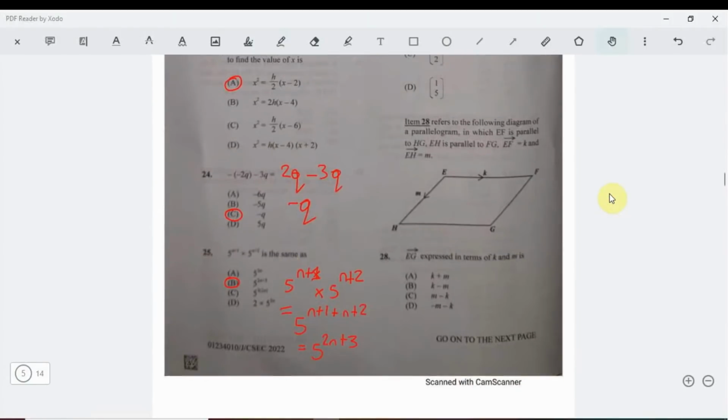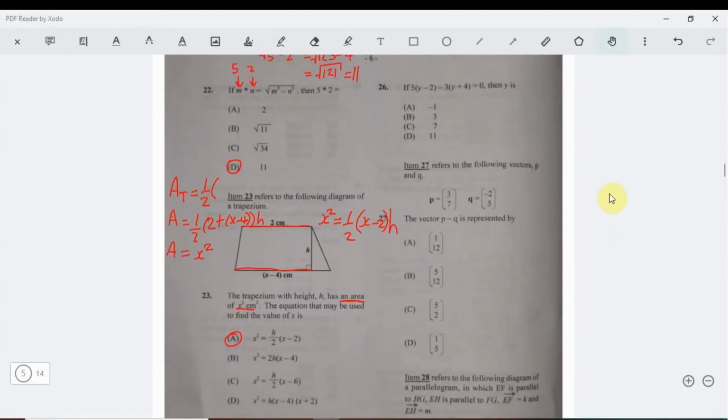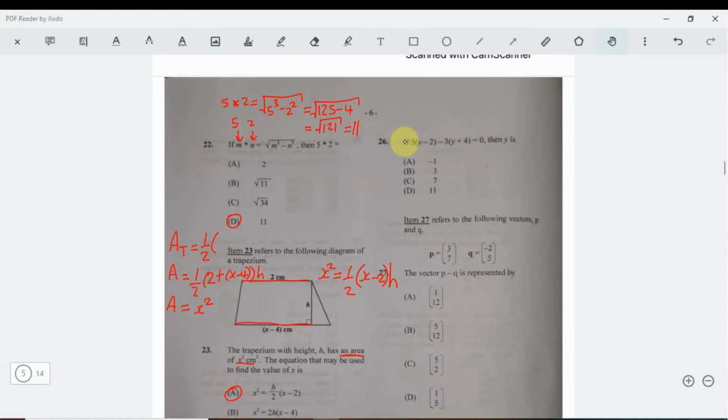So we realize there's a lot of new questions on this paper. Question 26. Solving this equation for y, we just need to expand the bracket. 5 times y is 5y. 5 times minus 2 is minus 10. Minus 3 times y is minus 3y. Minus 3 times 4 is minus 12, equal to 0.